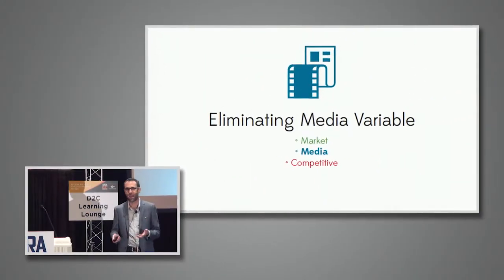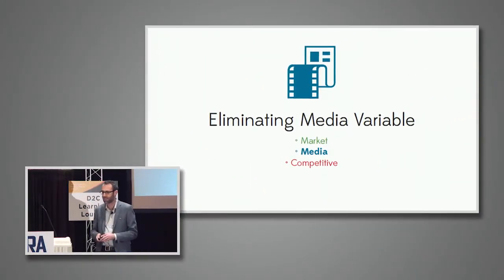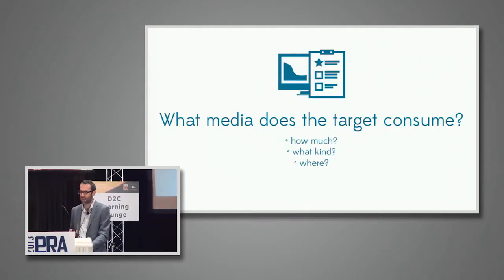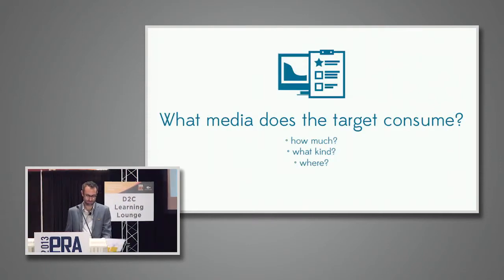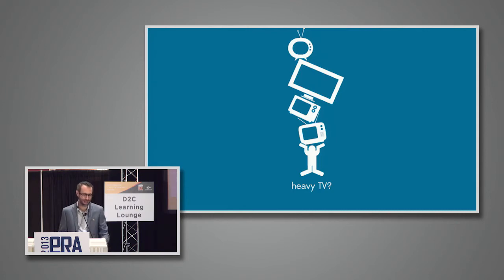The next step to look at is the media variable. So what can we learn about media, again, before we start to spend any media dollars? What we want to do is focus on areas where this target that we've already developed is most likely to consume media. So the question is, how does your target consume media? Are they heavy TV watchers?